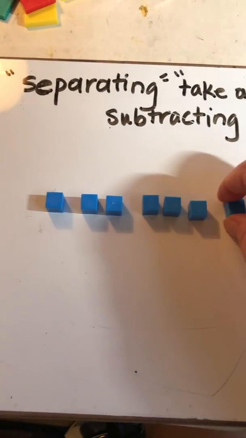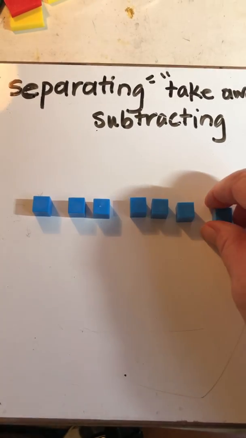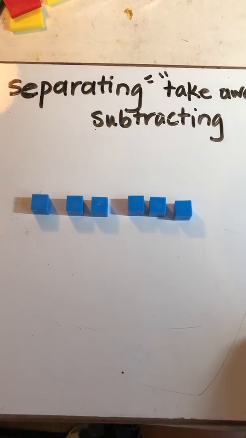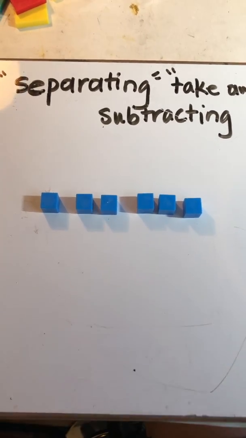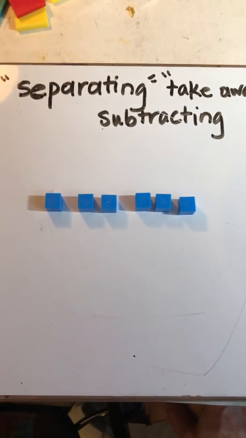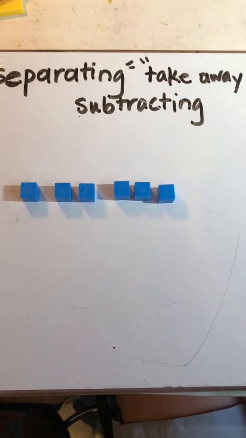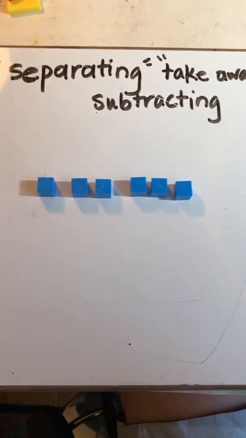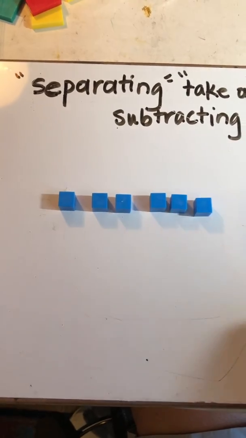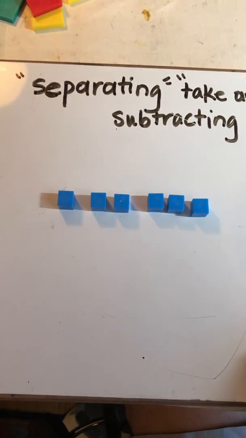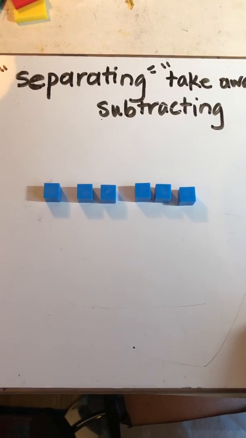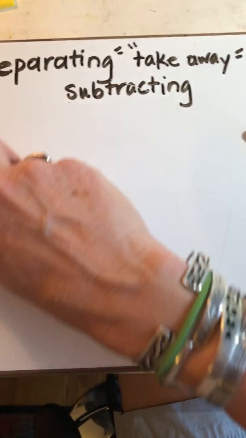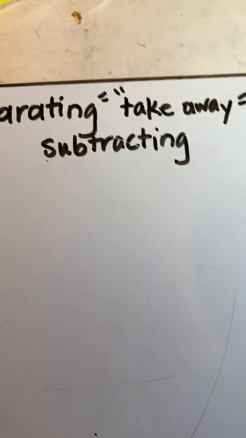So we had 7, take away 1 equals 6. So you remember when we're taking away 1, it's just like counting backwards. That's why we practice counting backwards, so you'll be really good at -1. So 7 minus 1, or 7 take away 1 is 6. Exactly right. Good job.